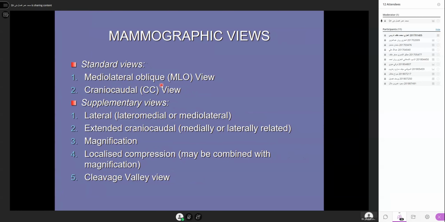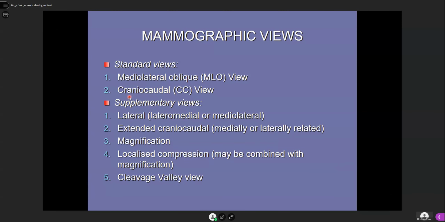One is the mediolateral oblique view, which you can consider as a lateral view, and the other is the craniocaudal view. So this is not an AP view. This is from top to down. The X-ray beam is from above downwards, not anterior, posterior, or another projection. So these are craniocaudal and mediolateral oblique.